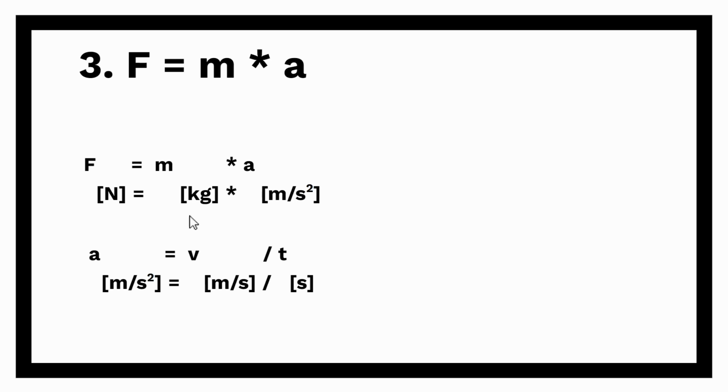Well, guess what? Newtons is kilograms times meters per second squared. It's a compound unit. It's a shorthand, right? So instead of writing kilograms times meters per second squared, and it's a mouthful to say even, every time you write newtons, you're saying this, just shorter.